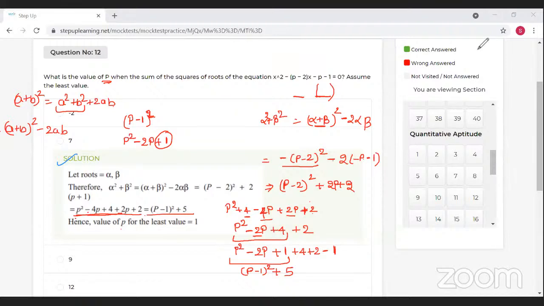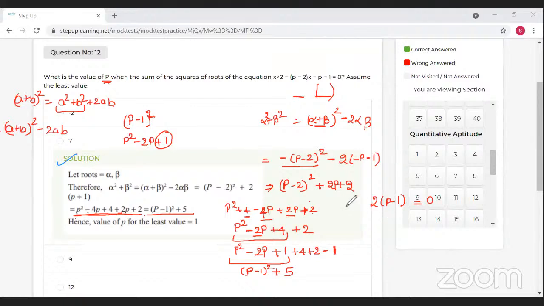If I assume least, differentiate, oh my god, no, no, no, let's not do that. What we need to calculate is p's value, right? What is the value of p? So you will equate it to what? 2(p minus 1) equal to 0 if I differentiate it, but I don't think I should.